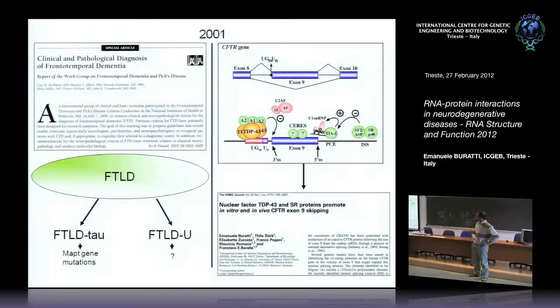One class where the inclusions were mostly made by the tau protein, and these patients carried mutations in the MAPT gene, and another class, much bigger than the tau one, or at least as many, that had ubiquitinated aggregates for which they could not name the protein that was responsible.